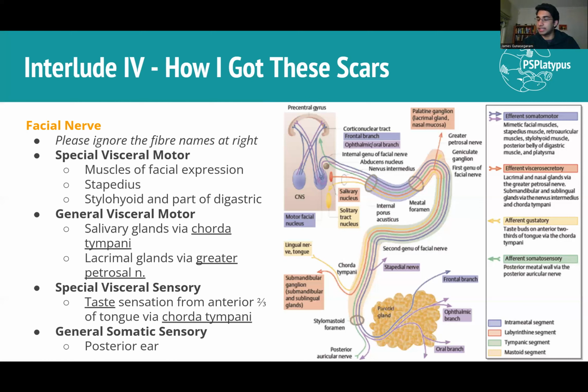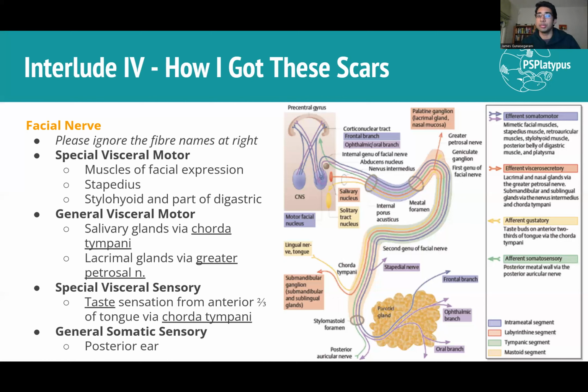So taste, not touch, taste, hearing, balance, sight, smell, all of those things come through special visceral sensory. And your general somatic sensory, that's your boring old touch. Your general visceral sensory is your afferent sensory, pain, temperature, whatever, from your viscera.